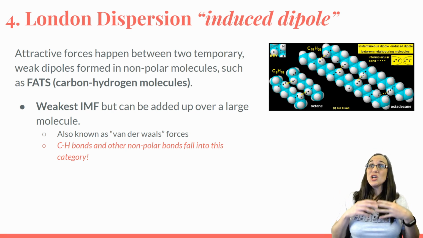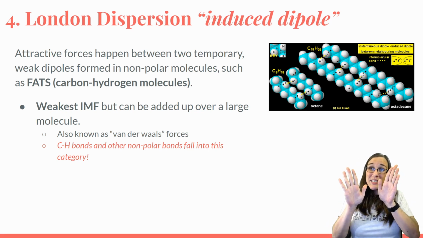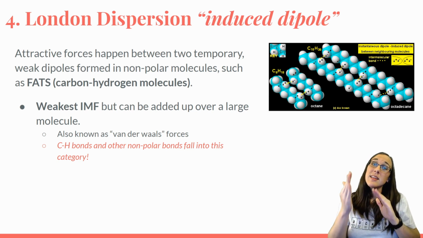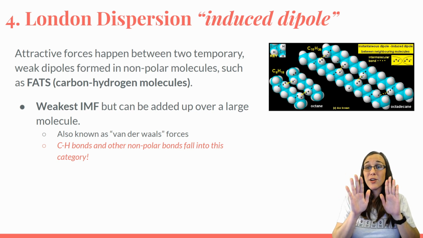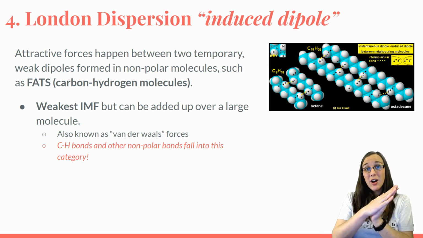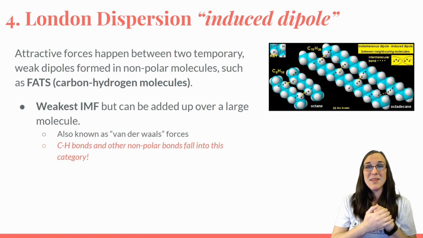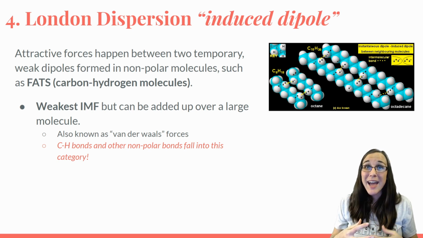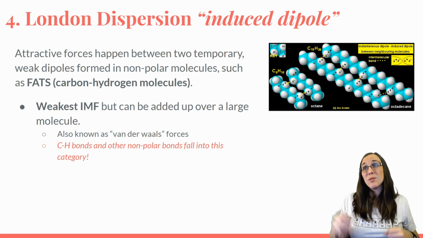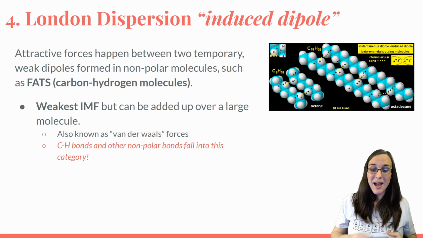However, if you have really big molecules of fat, they're like the huge pieces of Velcro that you've sandwiched together. Even though they are weaker dipoles in each longer fat, they now have more connection to each other through that intermolecular force, and that makes it more difficult to peel them apart. So the bigger the fat, or the bigger the molecule of CH bonds, the more that increases the intermolecular force, even though it's still London dispersion and it's still the weakest of the IMFs.